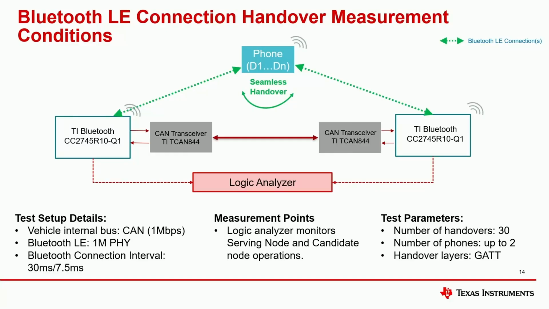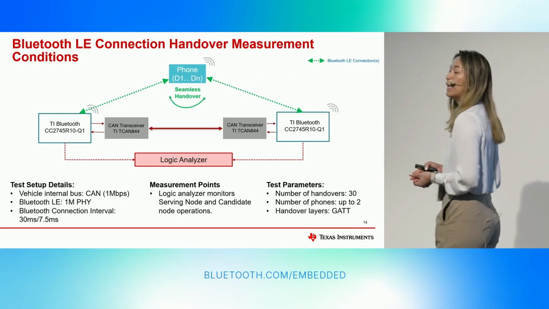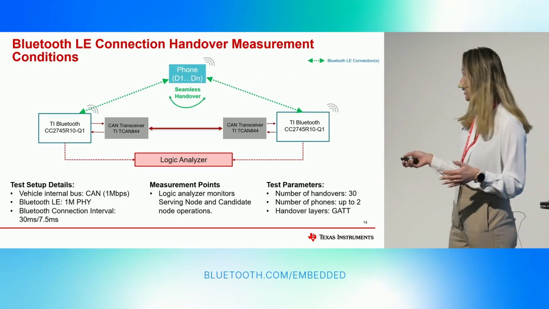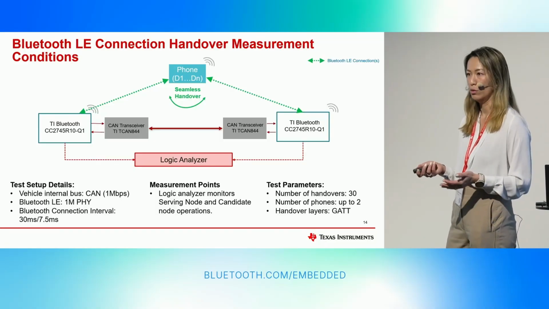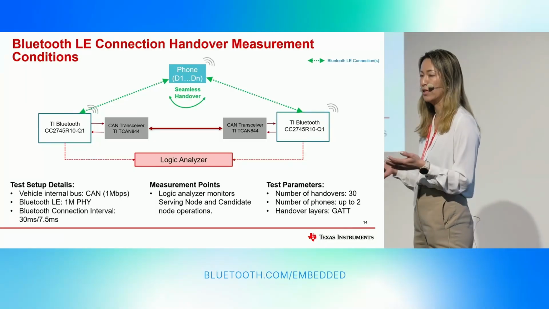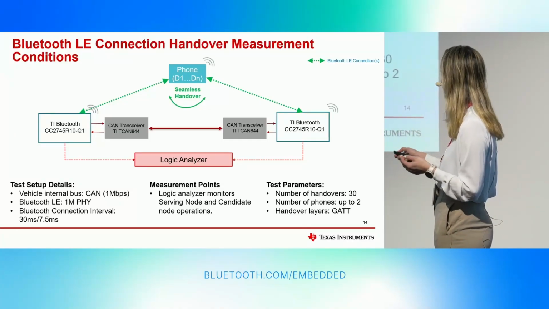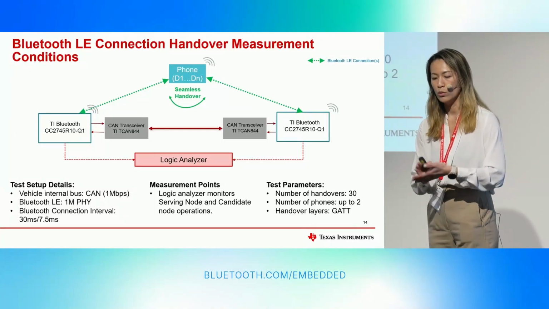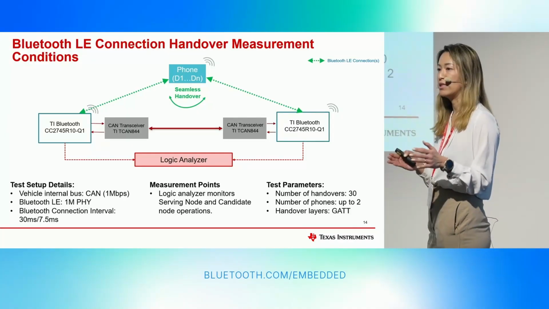If the time passed is like 10 connection events, it's not acceptable. It's just too long, you're missing 10 connection events. So in the test setup, the logic analyzer is the one we use to get detailed information on how many connection events it takes.